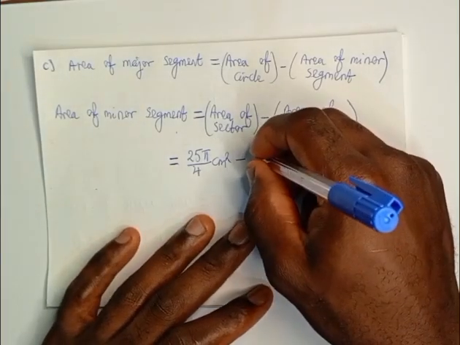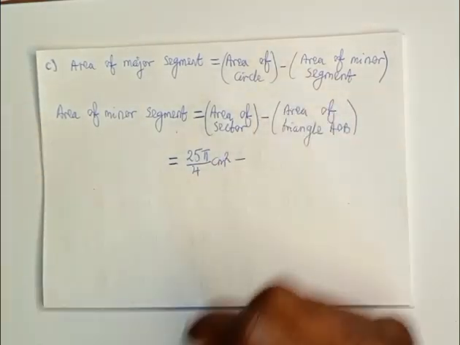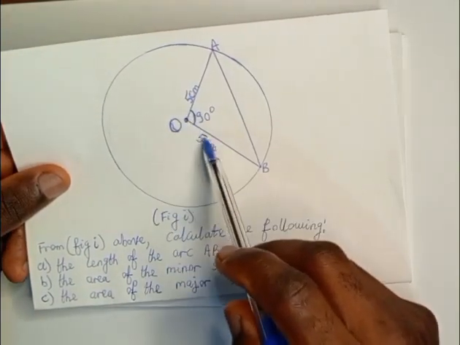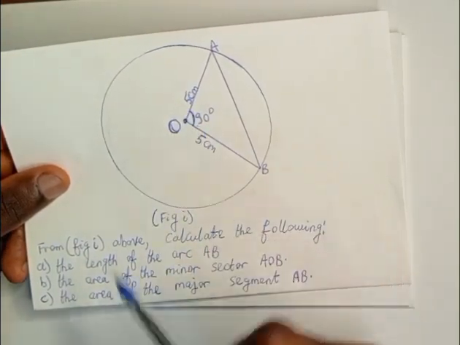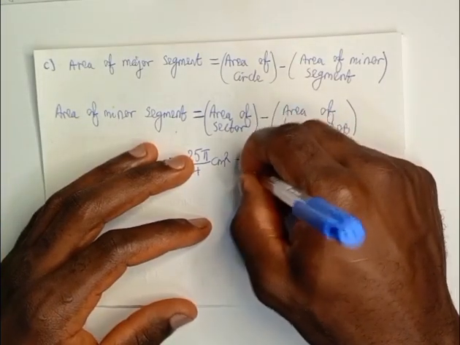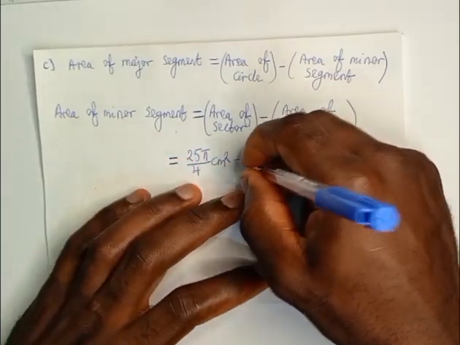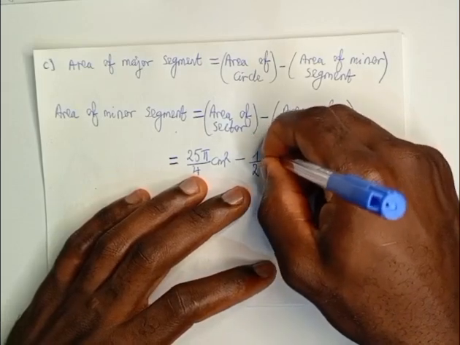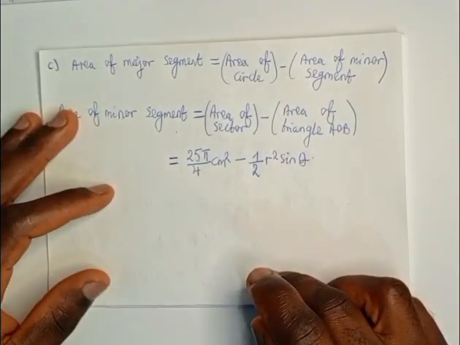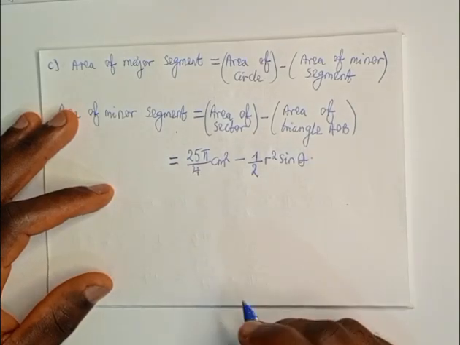The area of the triangle in this case will be given by, we know the radius, the two lengths, and an angle between them. This will be a half r squared sine theta, where theta is the angle in between the two radii.